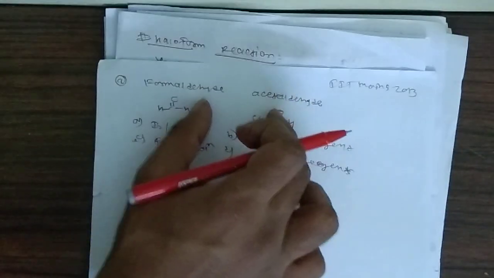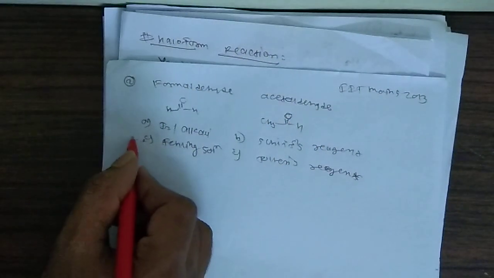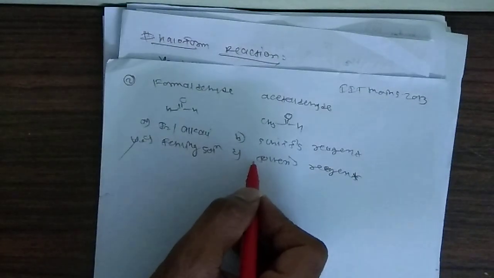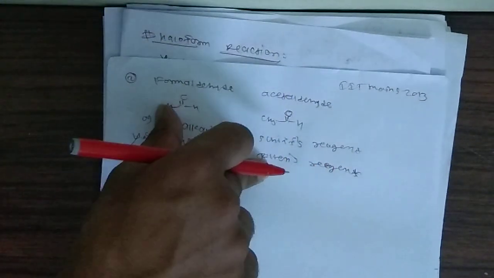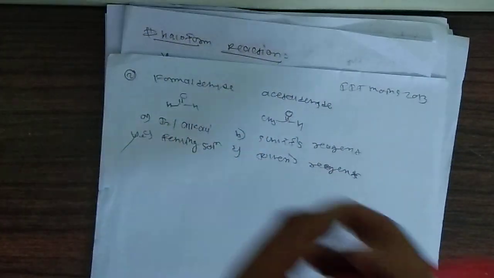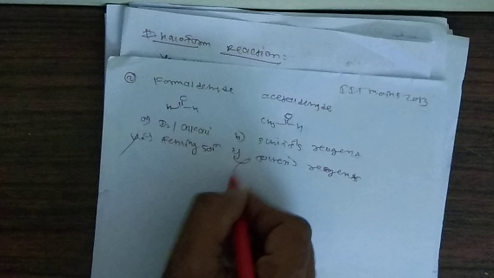Therefore, it can't differentiate acetaldehyde and formaldehyde. So this will not differentiate between these two. This is also the same. This will react with formaldehyde also and acetaldehyde also. Therefore, it will also not be able to distinguish. This option is cut.